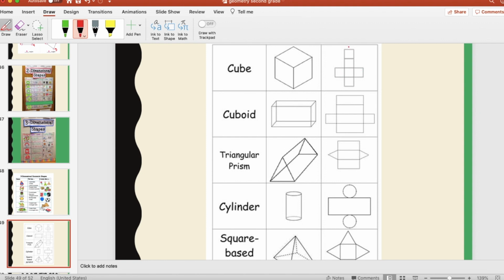You could see how it's outlined like this, and if you would fold that together, you would get a cube. A cuboid, or a rectangular prism, just like I said earlier, has 4 rectangular faces and then 2 square faces. A triangular prism has 3 rectangular faces and then 2 triangular faces.